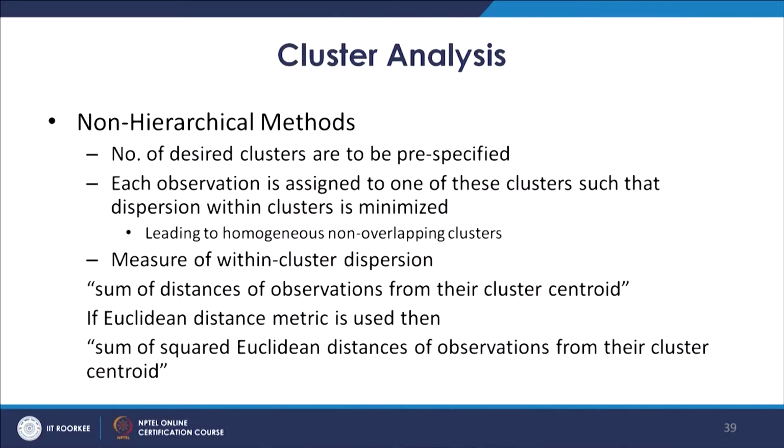So we should have some idea about the number of clusters that we require, and this number is to be specified. Now what happens in non-hierarchical methods is that once we know the number of clusters that we want, each observation is assigned to one of these clusters such that dispersion within clusters is minimized.